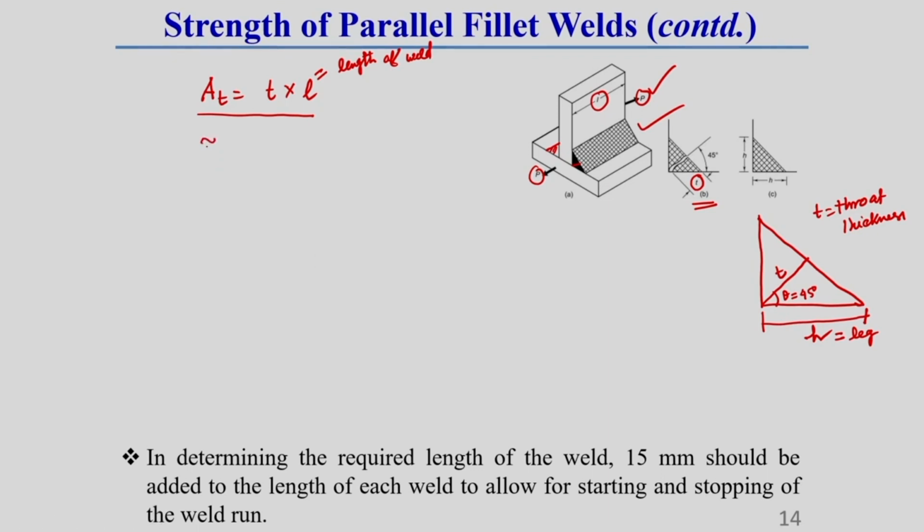So, the resisting shear stress, let us call it tau. Here I am writing, the shear stress tau on this throat cross section will be this external force, whatever internal force is developed in this throat cross section, that will also be equal to P, divided by the throat cross sectional area.